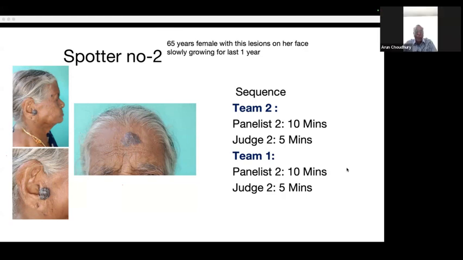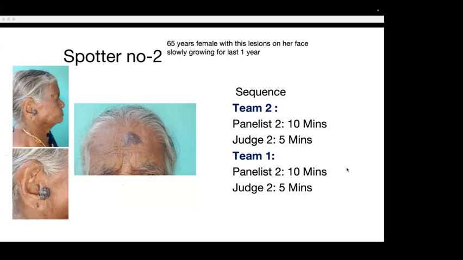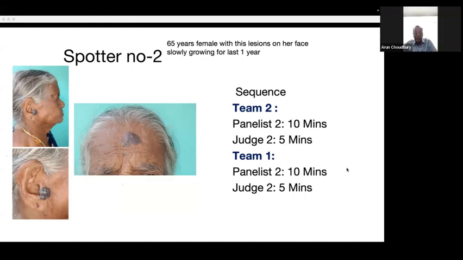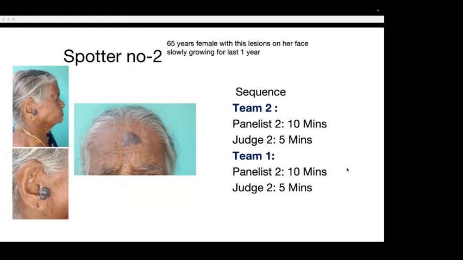No, what is the other name given very commonly? Sclerosing. Yeah, very good. Anyway, you get the full mark, 1 mark. Then the next question goes to team 2, KGM.